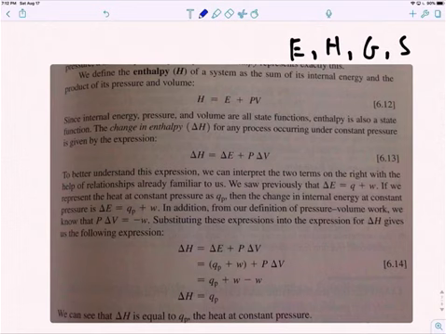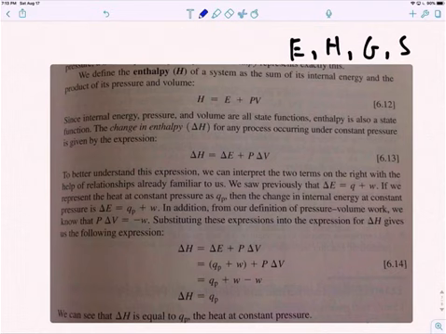But okay, so this is a thermo derivation, and we are having a new term. The term H enthalpy is defined as energy plus pressure times volume. So we're going to do the change in enthalpy under a constant pressure.